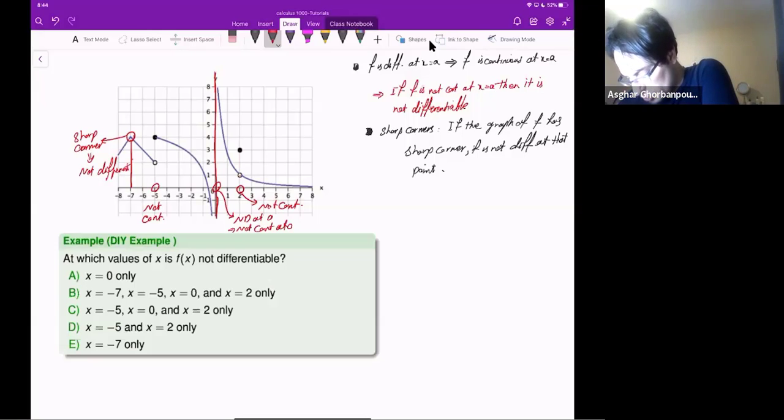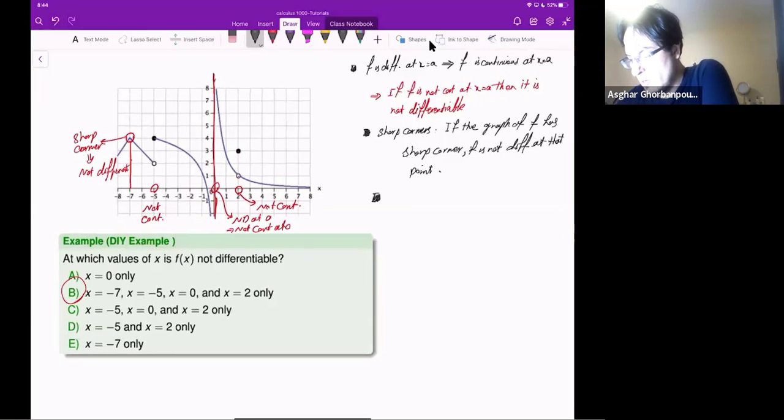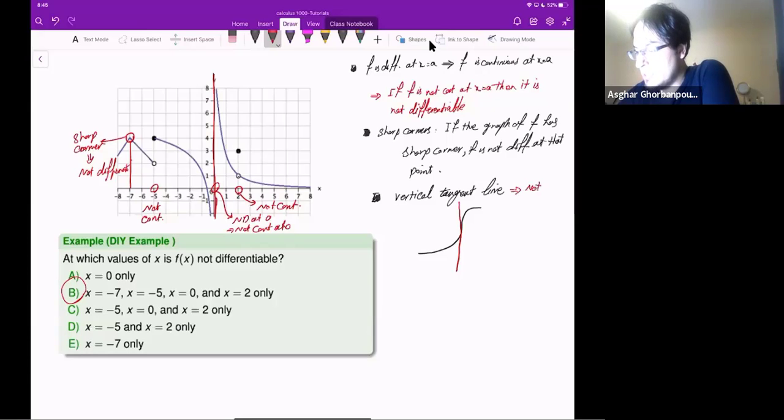So we found two, is this B? There is also another case: if a function has a vertical tangent line at a point, then the function is not differentiable at that x.